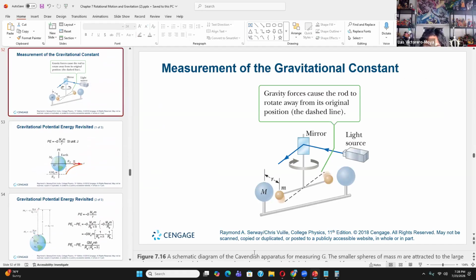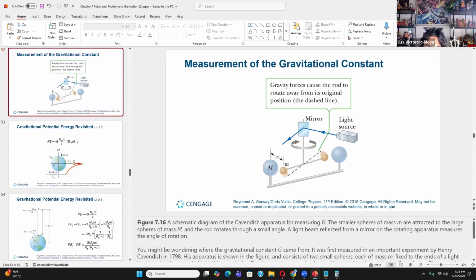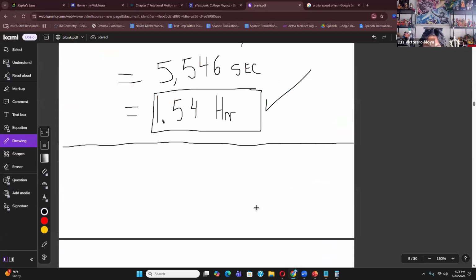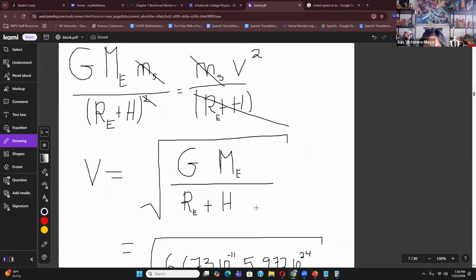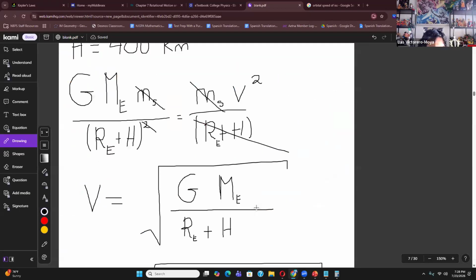This is how they measure gravity. All right, I believe this is a Cavendish apparatus. Yep, it is. That's how they measure the value of capital G. This capital G, by the way, is the gravitational constant. That was theoretically found by Newton and is considered one of the fundamental constants in nature.